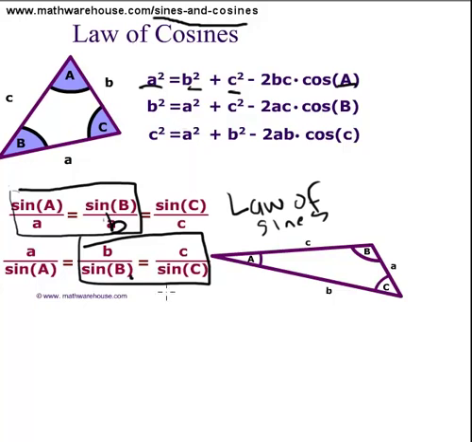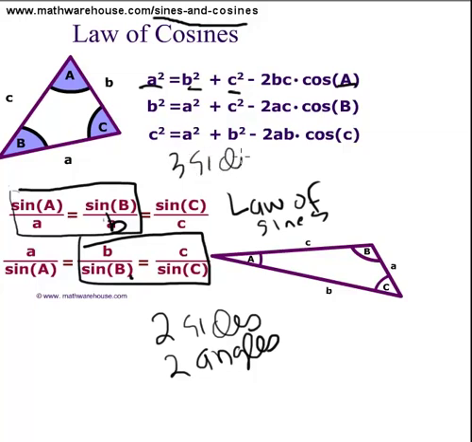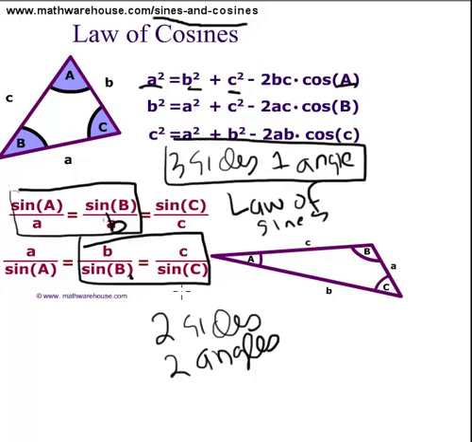The law of sines is going to involve 2 sides, 2 angles. The law of cosines, 3 sides, 1 angle. And we're going to look on the next screen a little more specifically at the types of triangles that will lend themselves to one formula or the other.